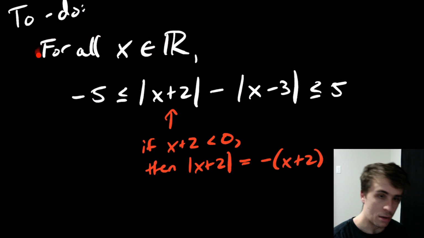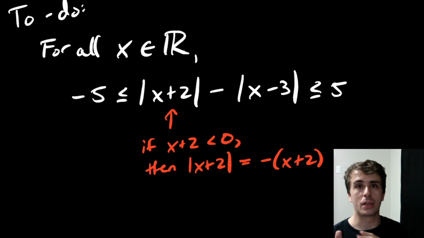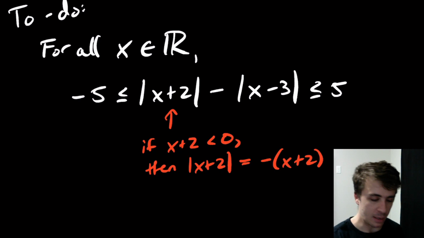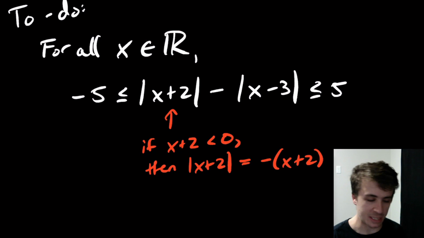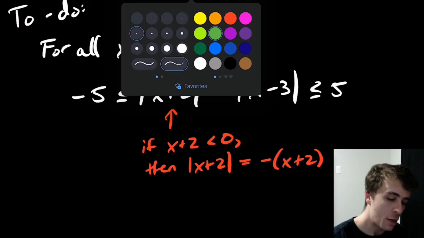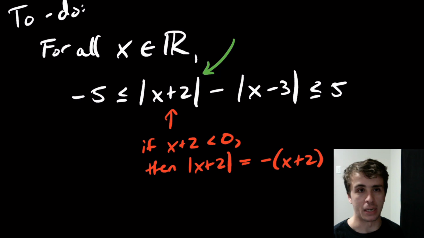So this has to be true for all real numbers. So we can't actually group this into like remainder 0, remainder 1, remainder 2 or something, because there are many more real numbers than integers, and there's not really a case-by-case thing for that. However, there is a case-by-case thing with the absolute value sign.